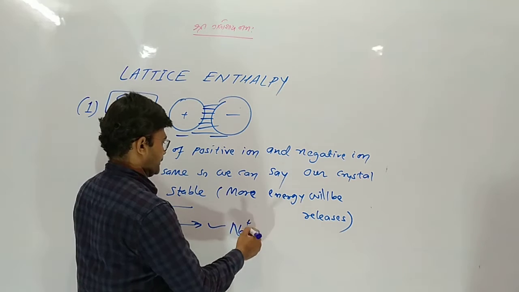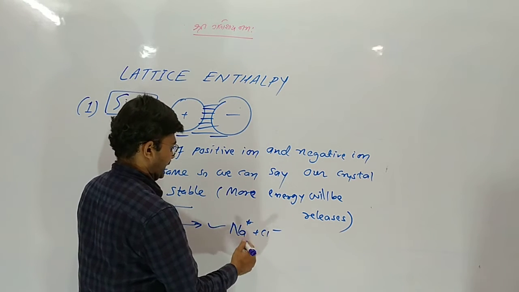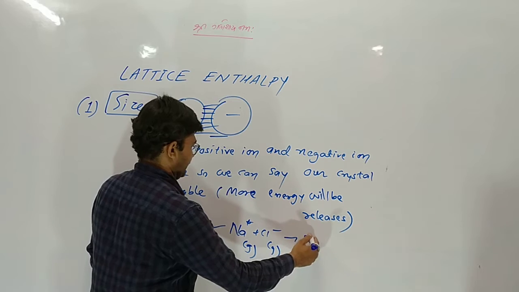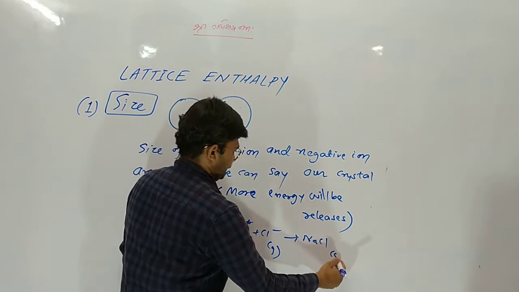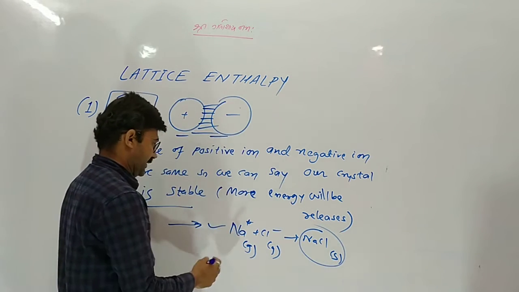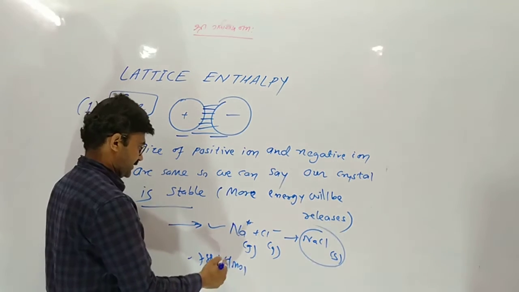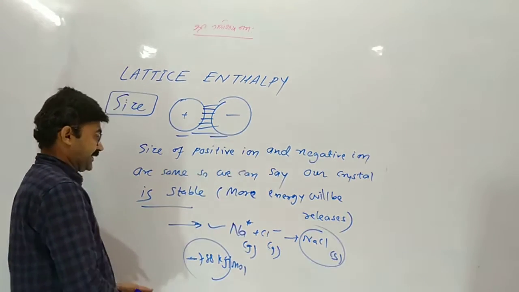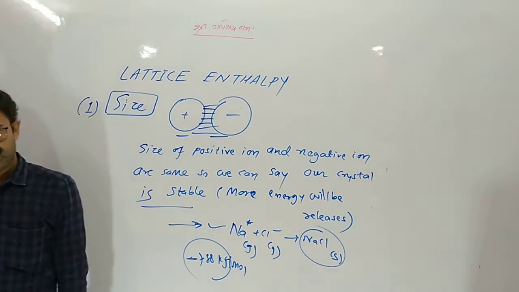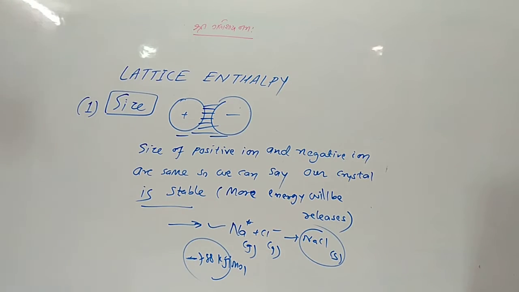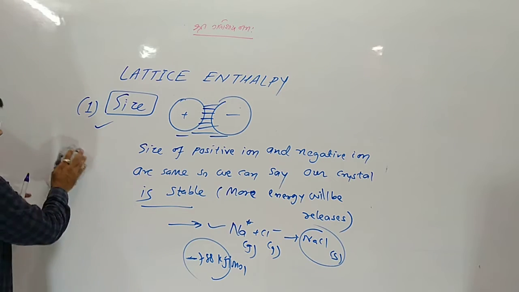So Na plus combines with chloride to make NaCl. If it forms 1 mole of NaCl, then 788 kilojoules is released, so it becomes more stable. The higher the energy released, the more the stability increases. So the first affecting factor on lattice enthalpy, store in your mind, is size.